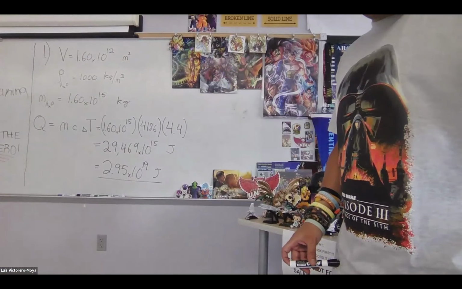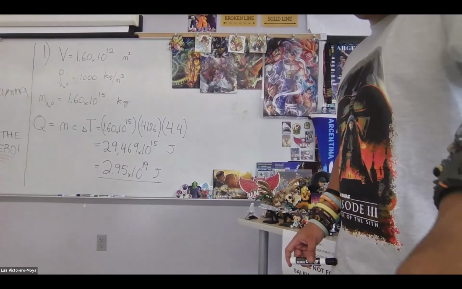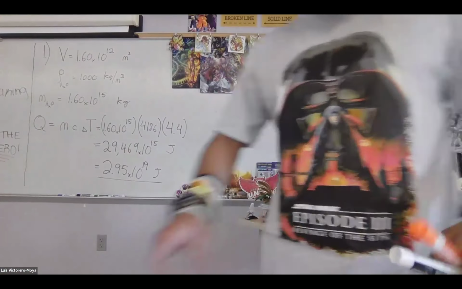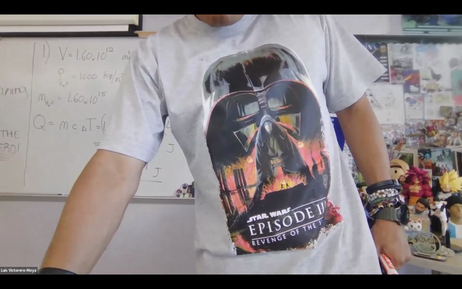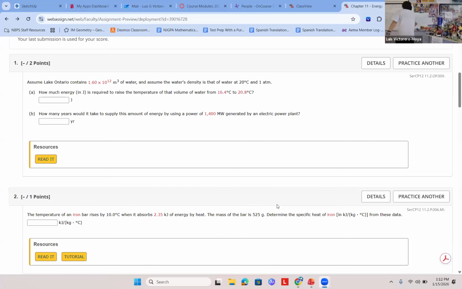How many years will it take to supply this amount of energy using a power of 1,400 megawatts generated by a power plant? Let me show you that here. So they're giving you a power plant, right? So let's do it here.